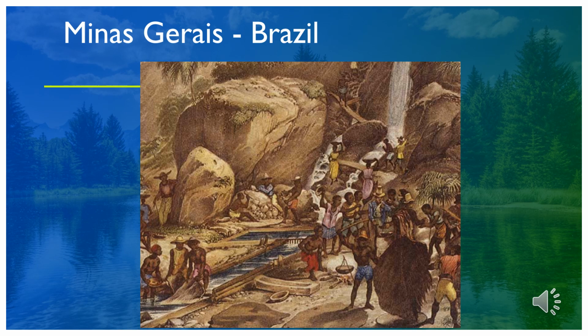They were forcefully taken there and forced to extract these gems. But some individuals gained their freedom for finding large gems. Others used the mountainous regions as a space to flee and create settlements.